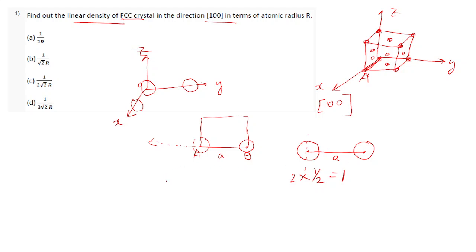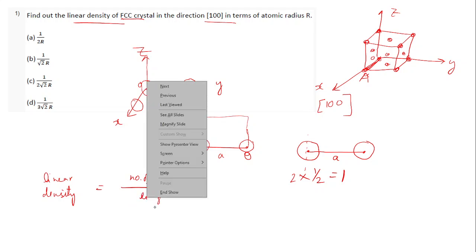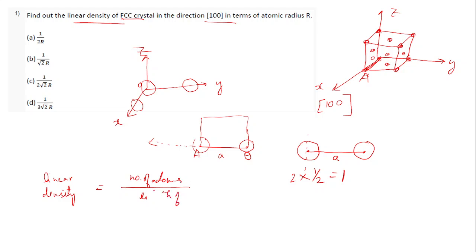Okay, so I hope the number of atoms is clear. If you have a doubt, you can ask. So the number of atoms on this direction vector in total will be 1, and the formula for linear density will be the number of atoms over the length of the direction vector, here the length of the 100 direction vector.